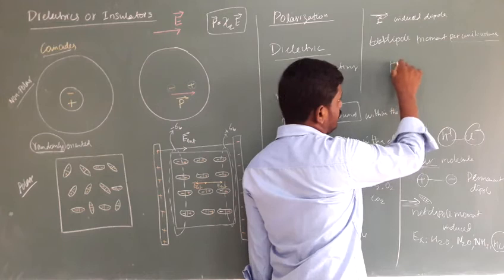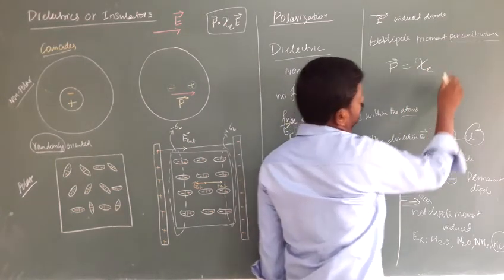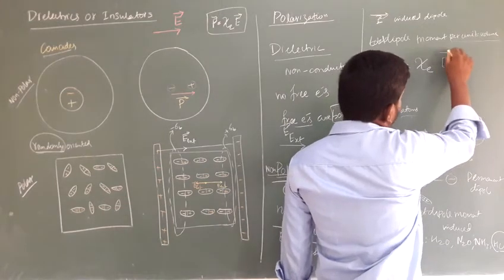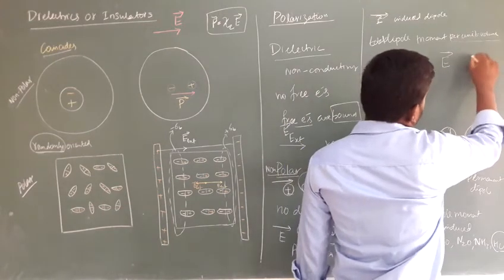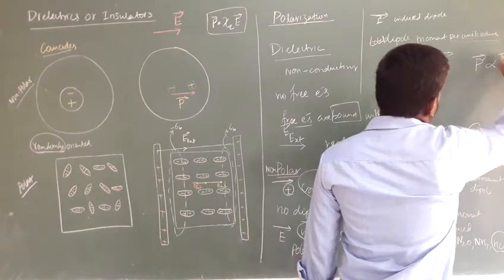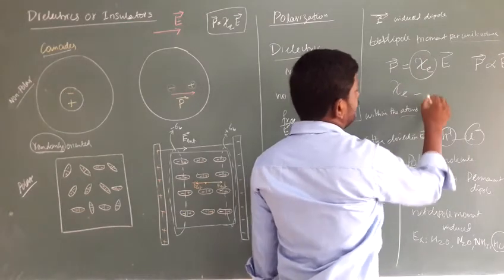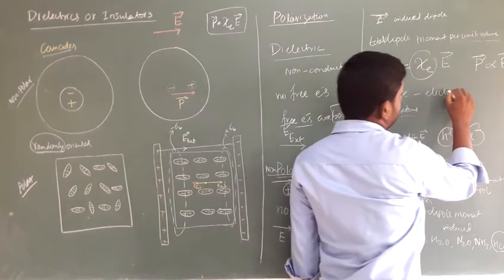Polarization is directly proportional to the intensity of the applied external electric field. That constant, chi, is the electric susceptibility.